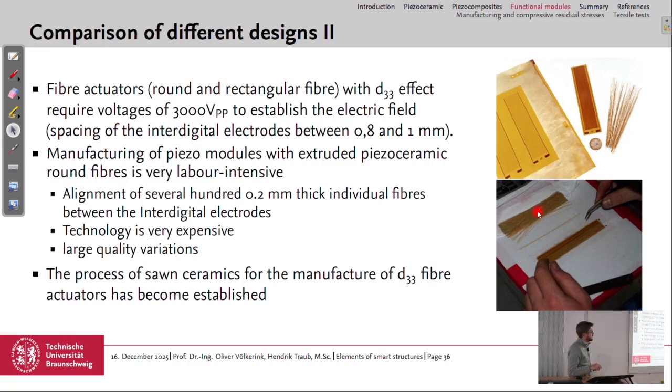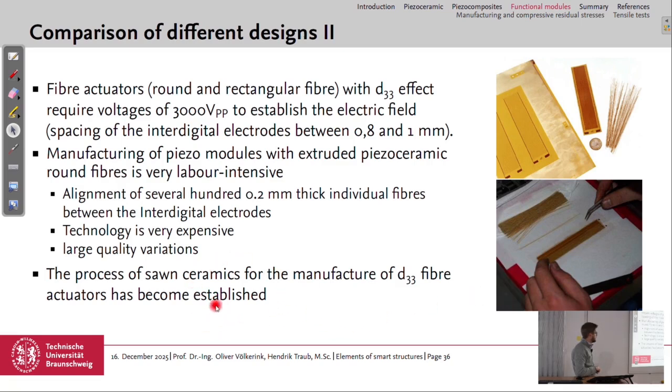And this picture is what I had in mind comparing round and rectangular fibers. I think it's far easier to place rectangular fibers this way to have them in place than round fibers. And you also have large quality variations because it's a manual process, and if the alignment is not perfect, then the performance is also lower.